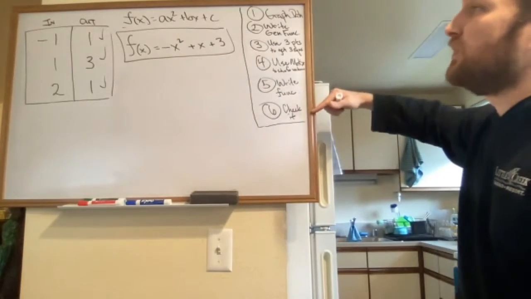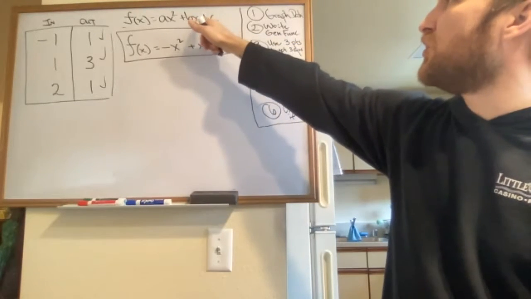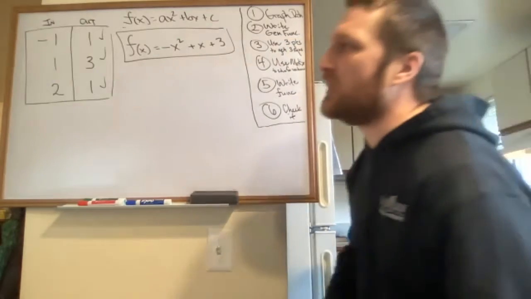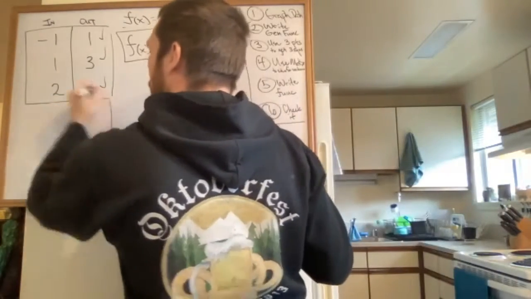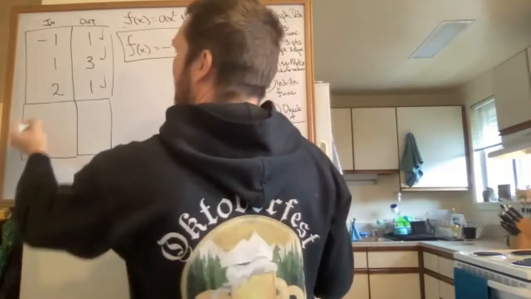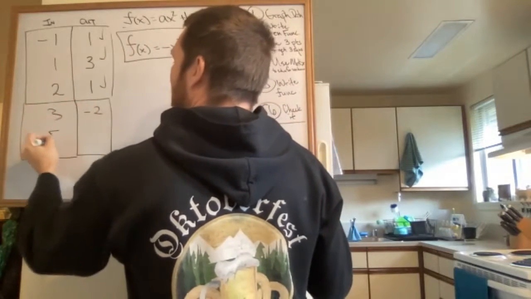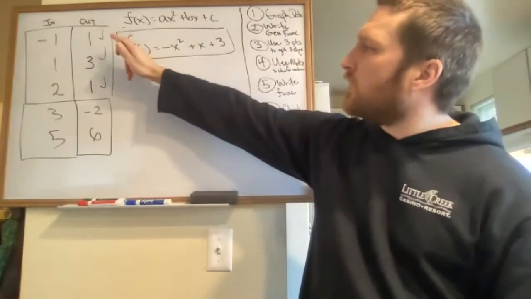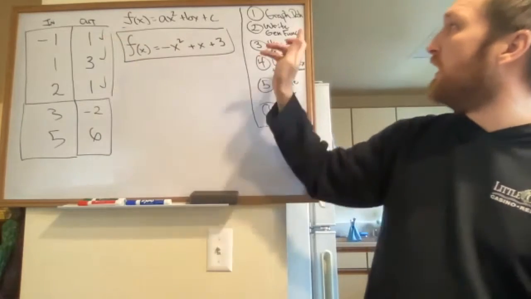Now, I just want to say, this works regardless of what type of thing you're doing right here. I happen to say use 3 points to get 3 equations, but if we happen to have more data points, let's say I had a 3 and a -2 and a 5 and a 6 or something like that. Well, we have 1, 2, 3, 4, 5 points.